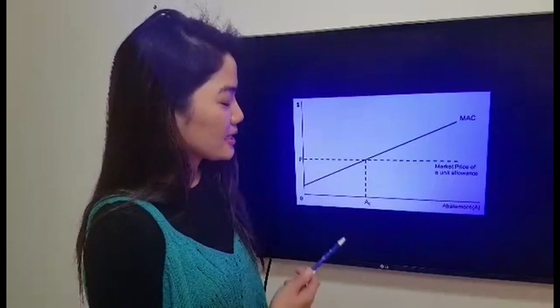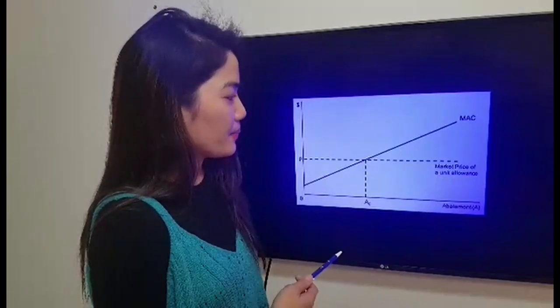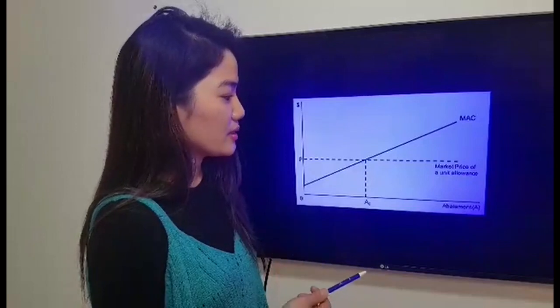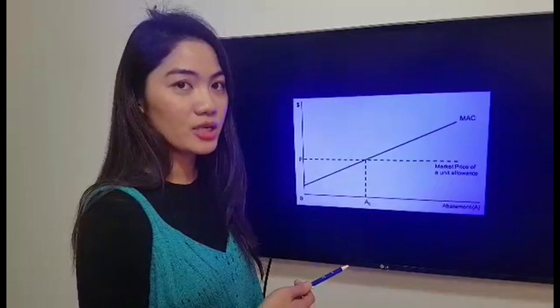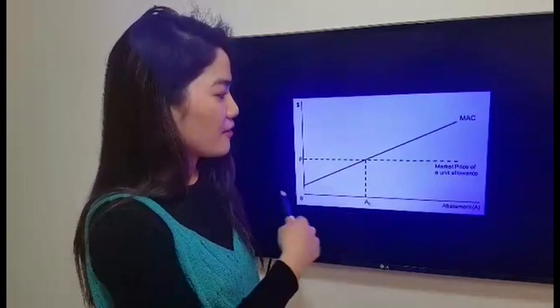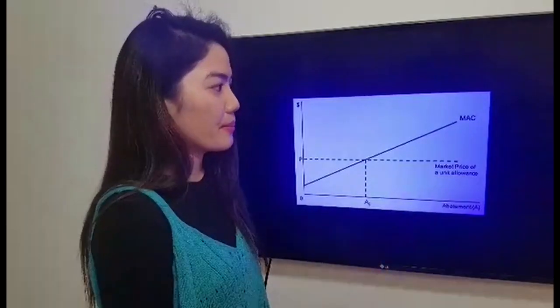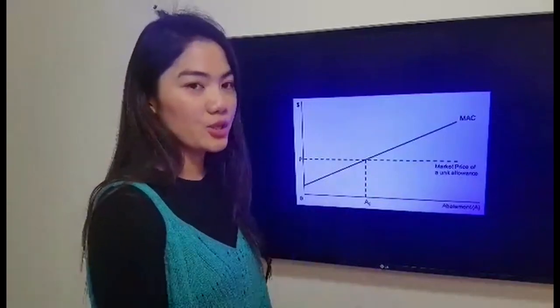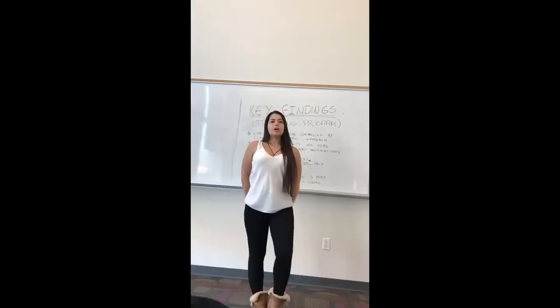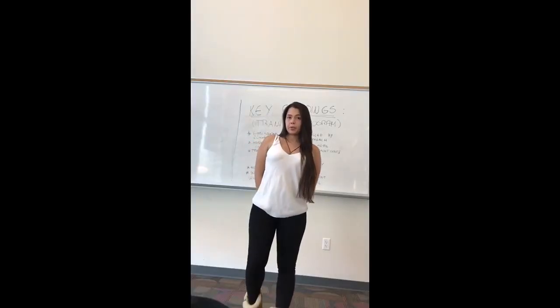So we can see in general the trading between abatement allowance suppliers and demanders will lead to the level where the marginal abatement cost will be similar between these participants. Now I'm going to talk about the key findings of trading programs.